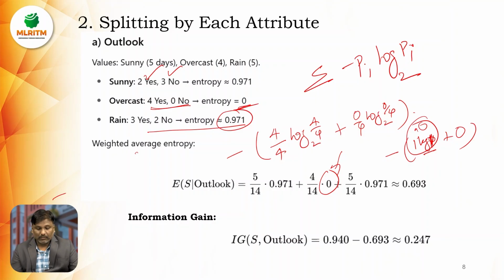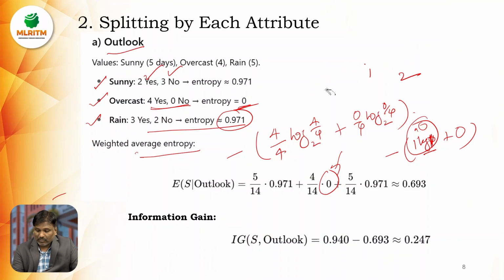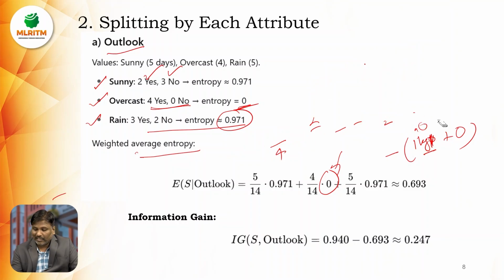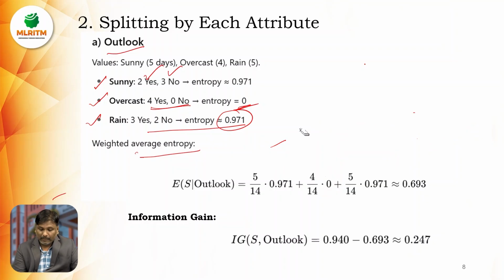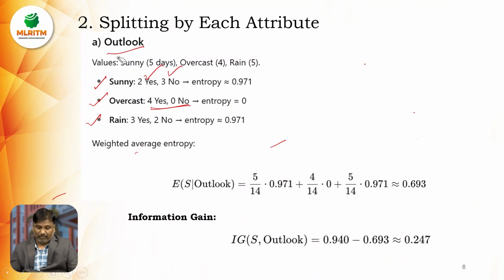Now I try to find out the average entropy for the outlook attribute. In the outlook attribute, I have 3 different types of instances: sunny, overcast and rain. I individually found the entropies for these 3 instances. Now how could I measure the average?